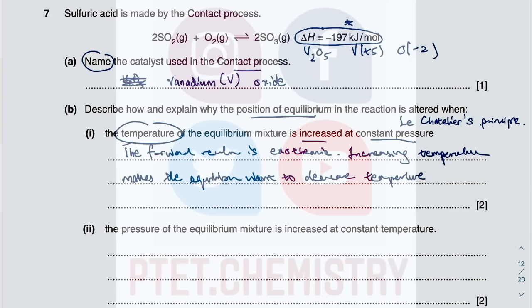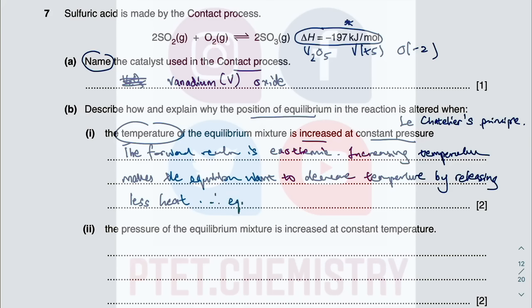Your reaction releases heat in this direction. So how does your equilibrium decrease temperature? By releasing less heat. Only then can you make the temperature go down. When you go in this direction and release heat, if you release less heat, that means you favor this side.